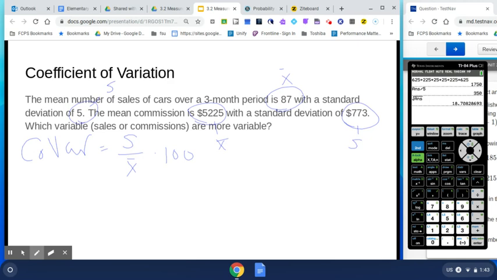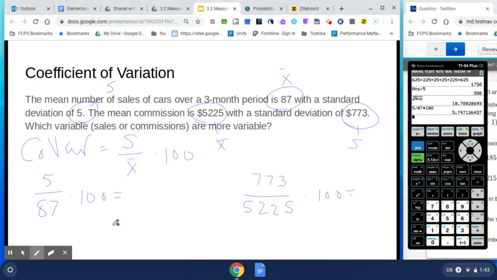So plugging these into the formula, for sales, we would have 5 divided by 87 multiplied by 100. And for commission, we would have 773 divided by 5,225 and multiplied by 100. All right, let's go ahead and find those values. These are both going to be percentages, and then we'll compare them to figure out which one's more variable.